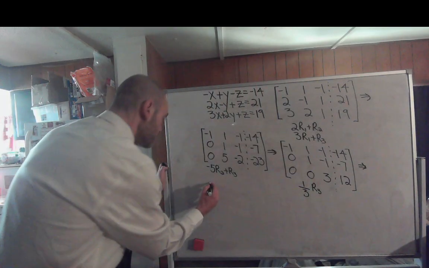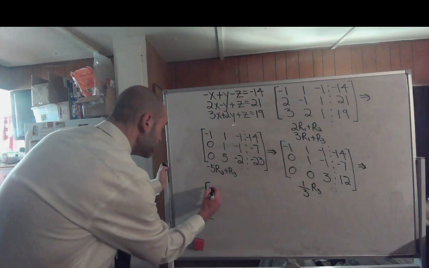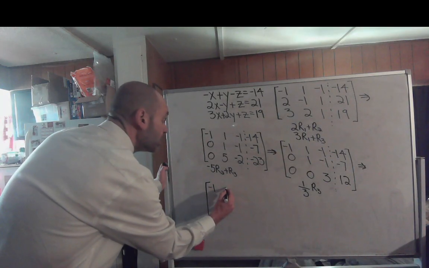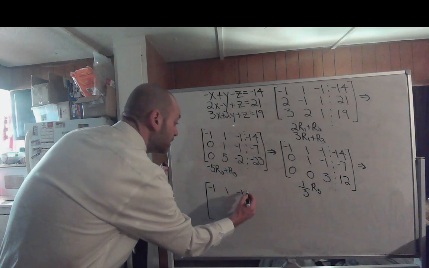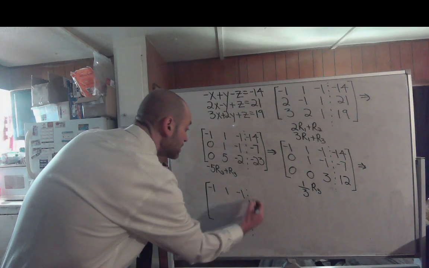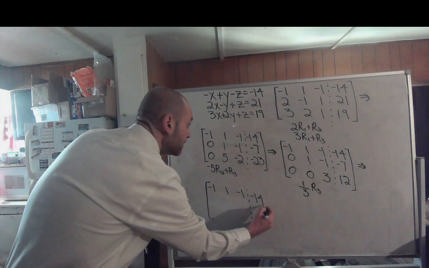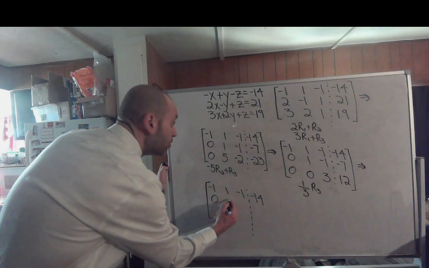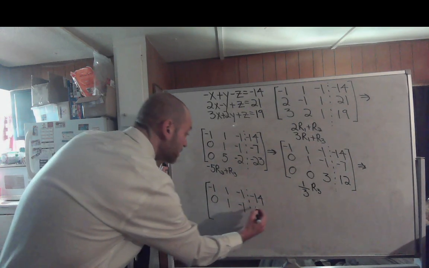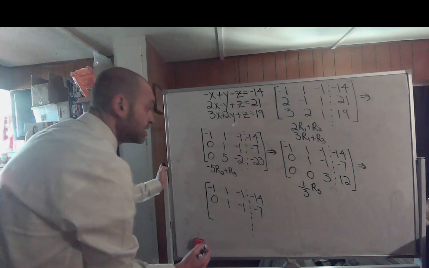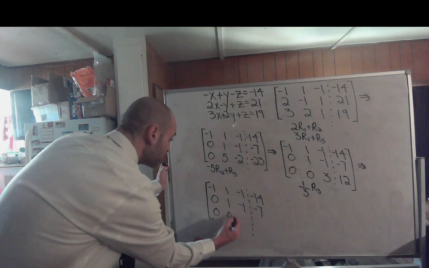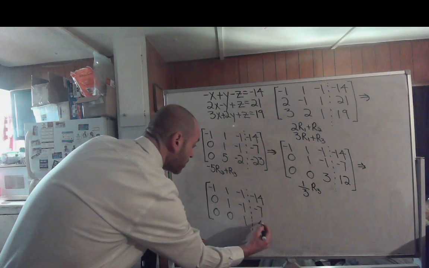So let's do so. You'll have negative 1, 1, negative 1, negative 14, 0, 1, negative 1, negative 7, 0, 0, 1, and 4.